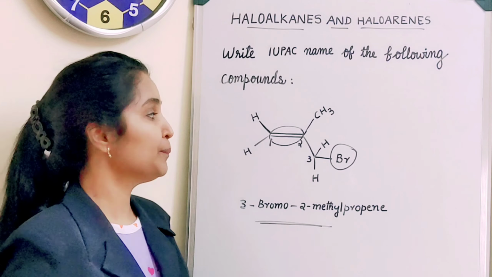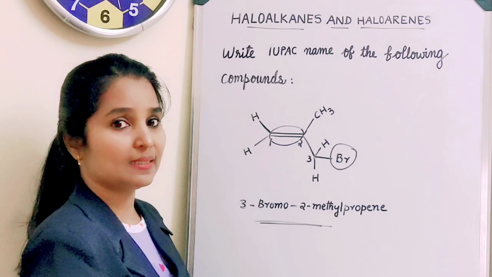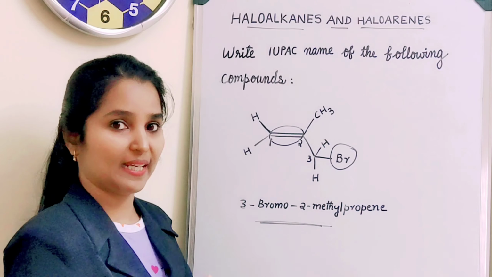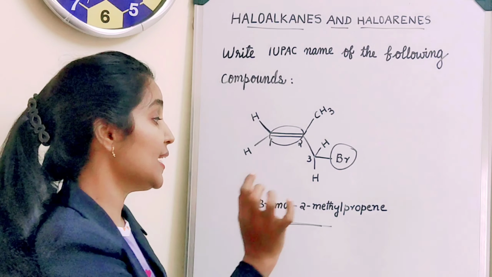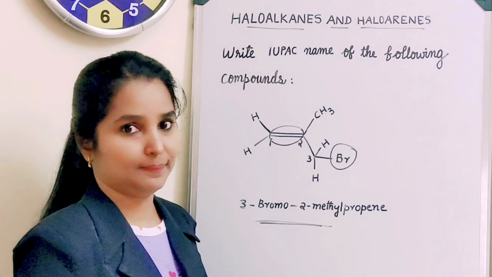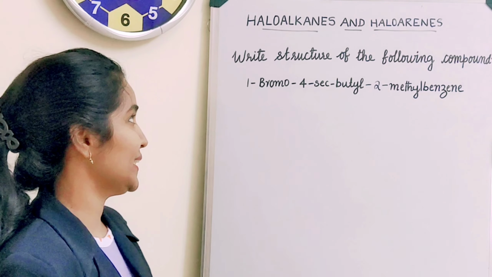Not only that, all the substituents and the functional group are supposed to get the lowest possible numbers. In that way, you have to number the carbon atoms in the given compound, and then start naming it with its positions, with the substituents arranged in alphabetical order, and lastly the parent chain. Okay, that's it. So we can move to the second question.